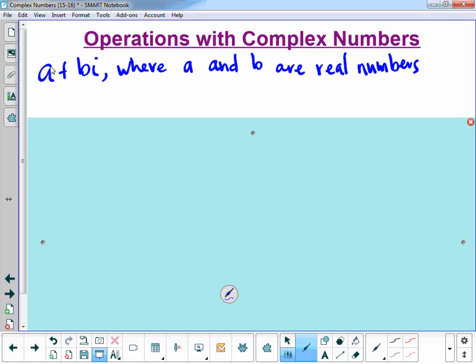Now, let's review. What is i equal to? i is equal to the square root of something. Who remembers? Negative 1, right? So if i equals the square root of negative 1, what happens when I square i?